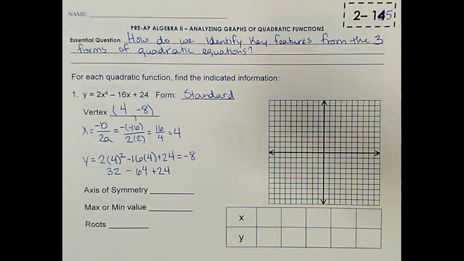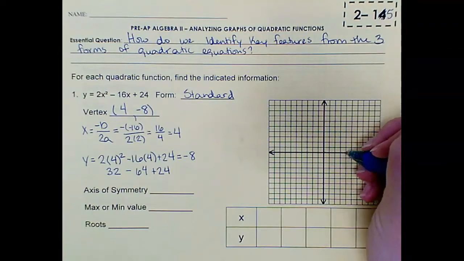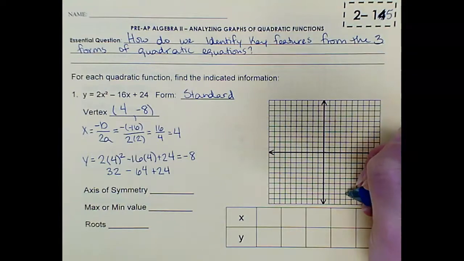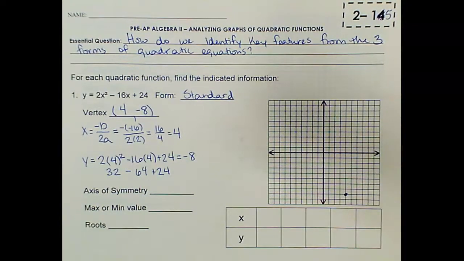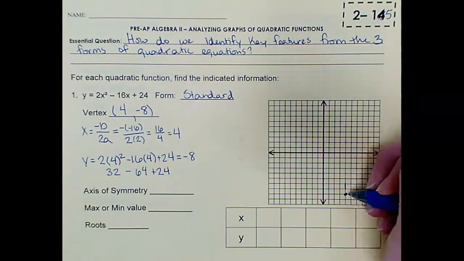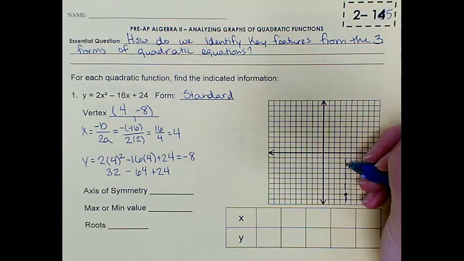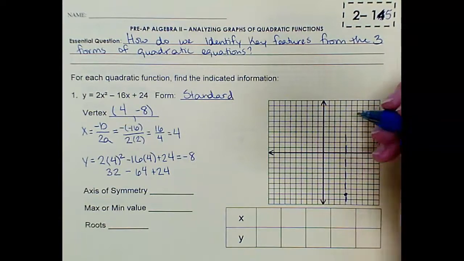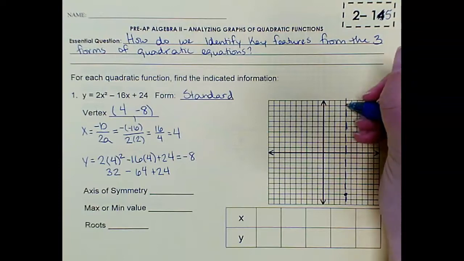Remember from the vertex, if you were to plot 4, negative 8, 1, 2, 3, 4, 5, 6, 7, 8, your axis of symmetry would go straight through it, right? Because the axis of symmetry is x equals whatever the x value of the vertex is.